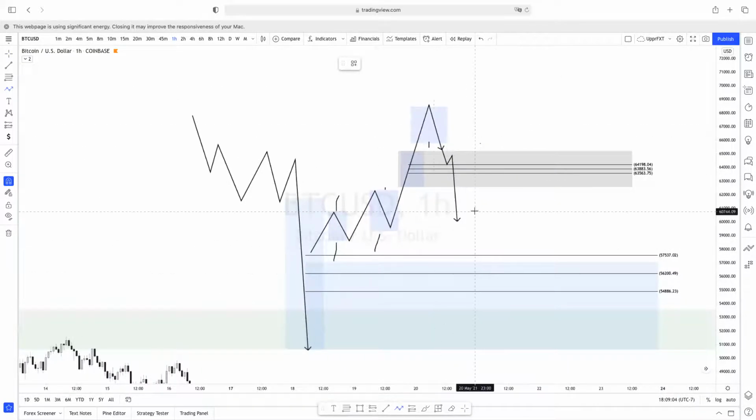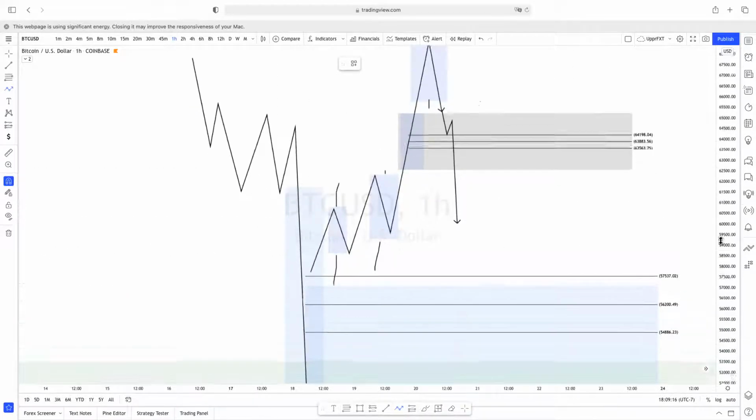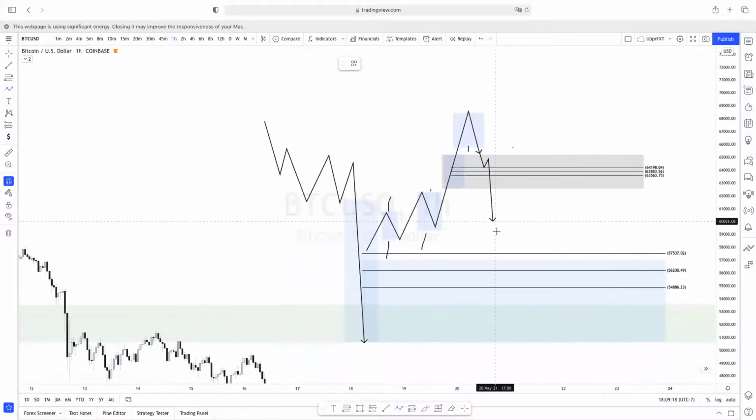And that is what can happen, because once again, there are other areas of imbalance that need to be filled. Or in this case, this isn't an imbalance, this is a demand zone, but there are areas of inefficiency that need to be mitigated in this situation to come down and continue higher. So you have that, right?